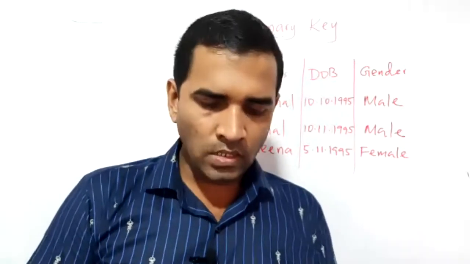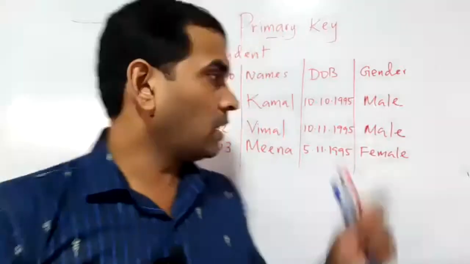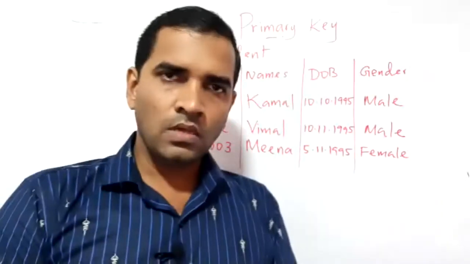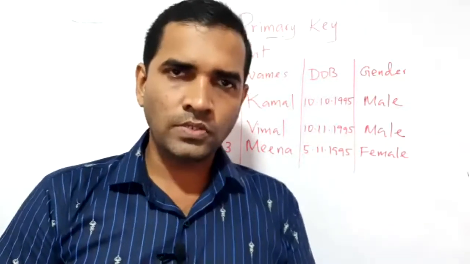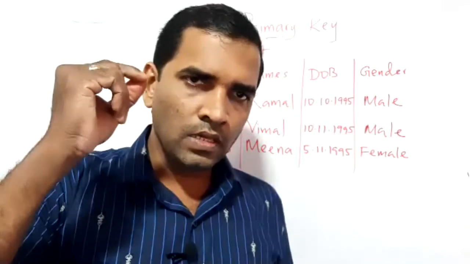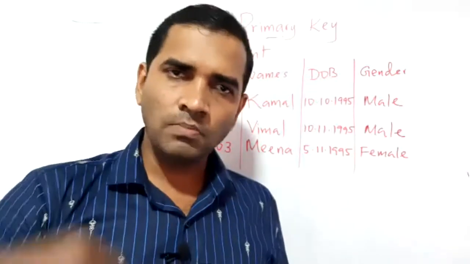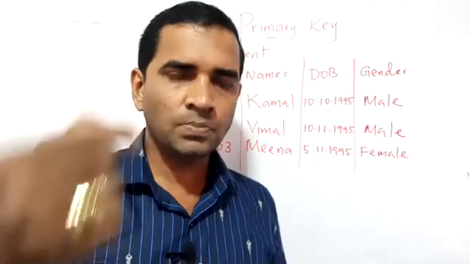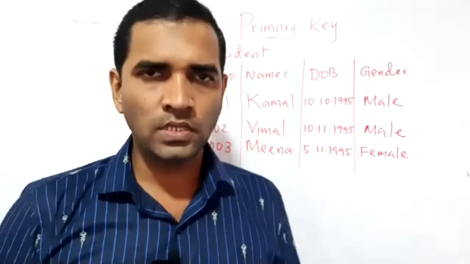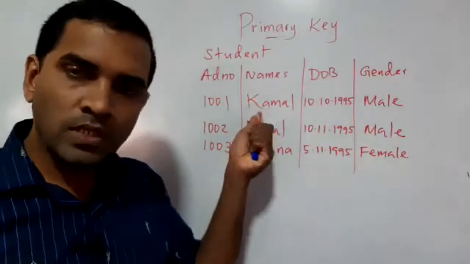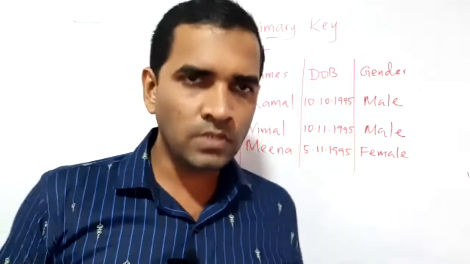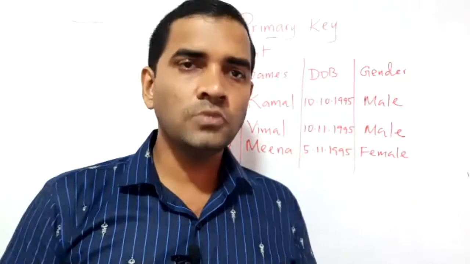Look here, for identifying each record, I cannot use name. I can't use the name because sometimes there is a possibility of having duplicate names. If you take these 3 records, names are not duplicated, it seems to be unique.